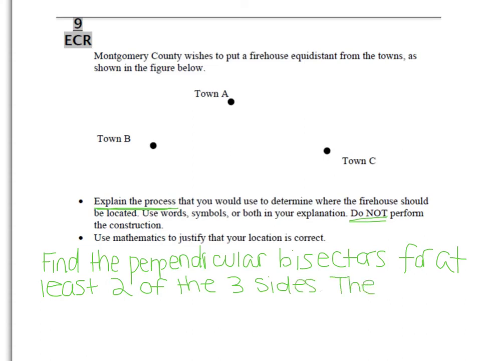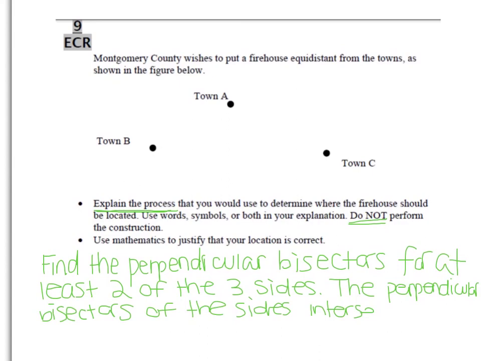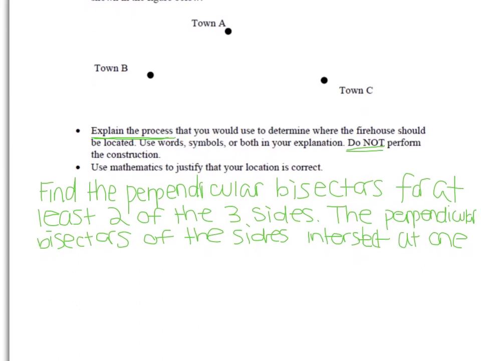Remember that the perpendicular bisectors of the sides intersect at one point.